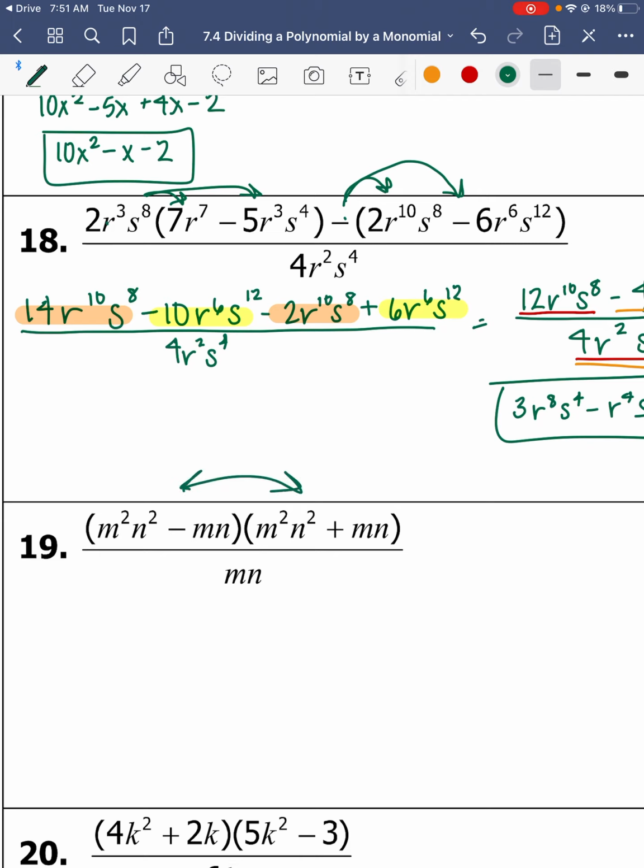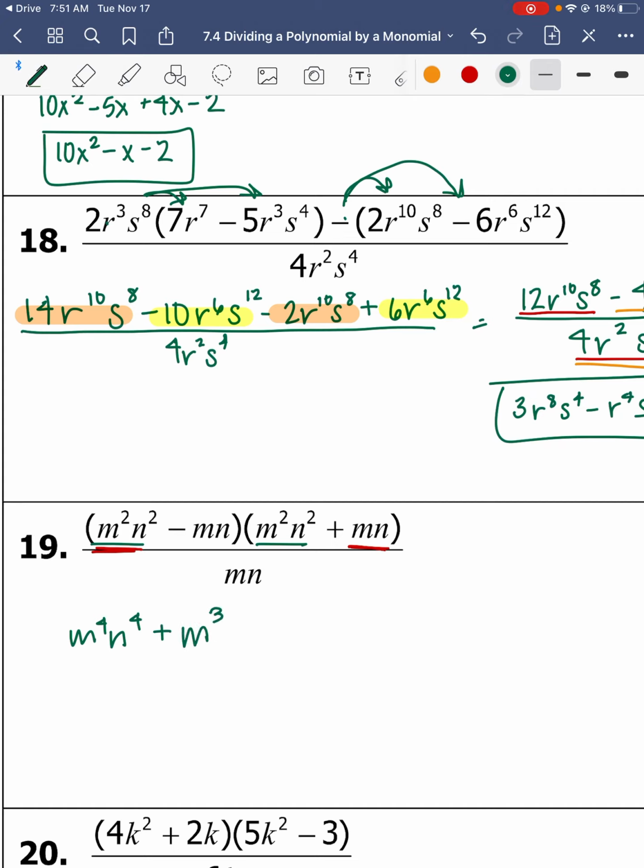All right, number 19. So it looks like we need to multiply this binomial times this binomial up here first, and then we'll divide by the denominator here. So binomial times binomial. First two multiplied by each other, we get m^4 n^4.